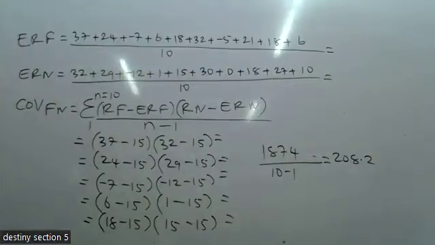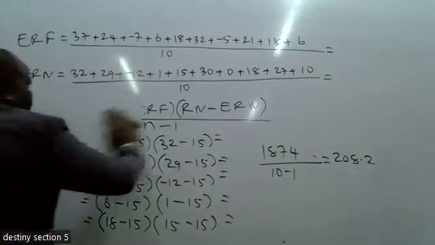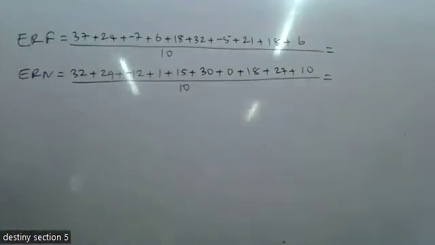You also need to get the standard deviation for each. So let us now get the standard deviation for each one of them before we conclude on that last part. For the standard deviation for F, we also get the summation of return of F minus expected return of F, squared.